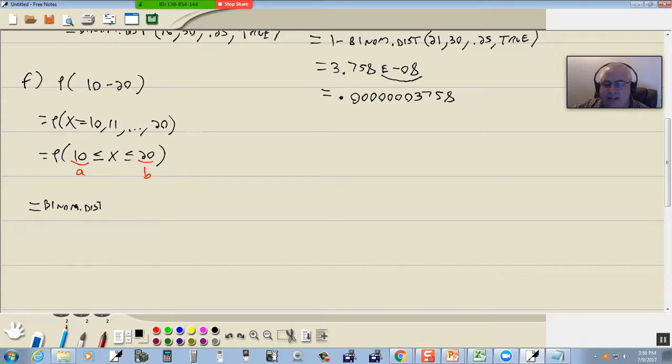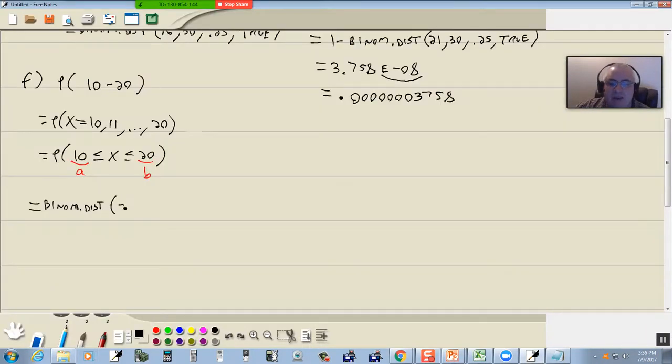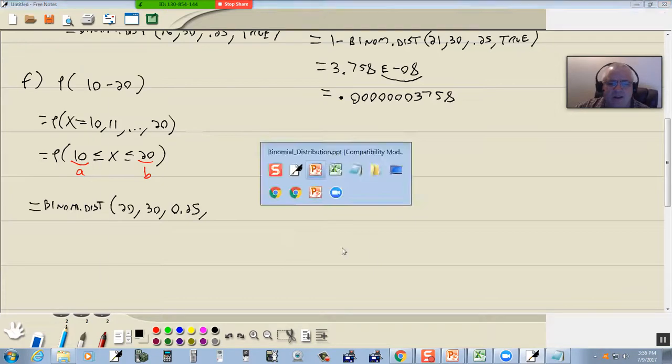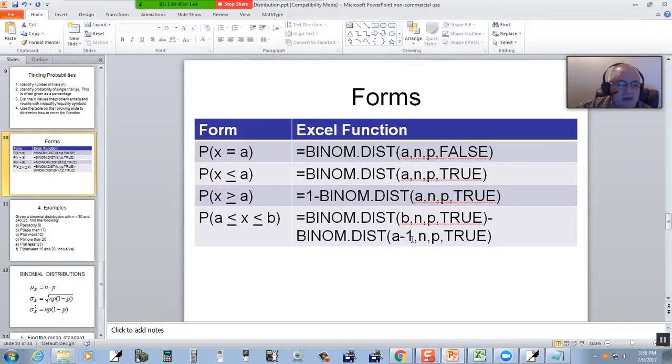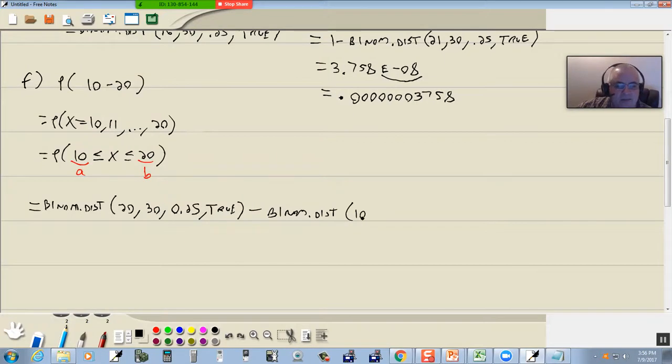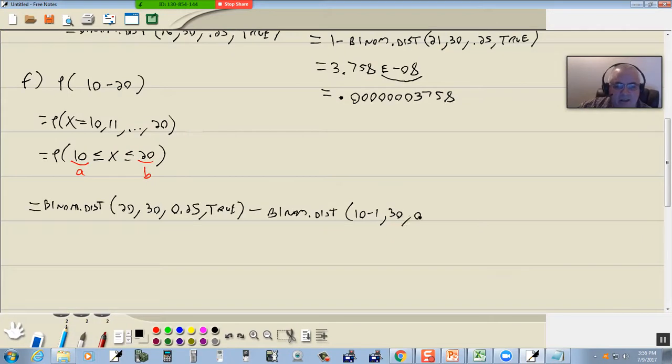And then we're going to plug it into this binom dist. After you've done the setup and identified your a and b and which type it is, it's just plugging in your values. B was 20, N which is 30, P which was what, 0.25, comma, true, close parentheses, minus binom distribution, and what's this one here? A minus 1. A was 10, so this will be 10 minus 1, comma, N, which is 30, comma, 0.25, comma, true.